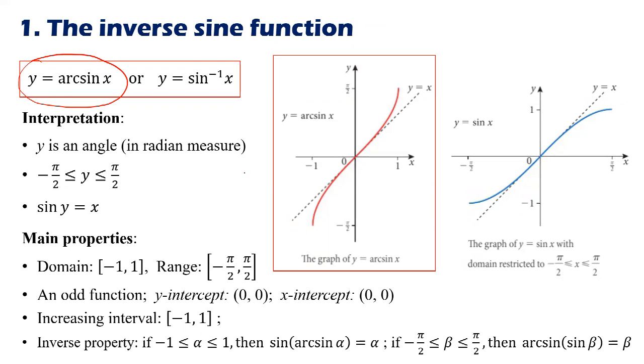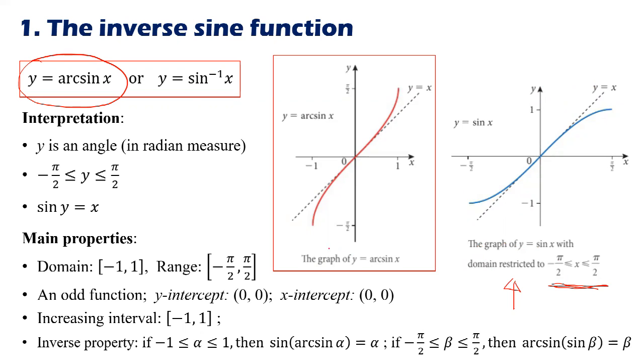Okay, so the inverse sine function is, as I said, just a reverse process of the sine, right? So these two functions will have a line symmetry about the line y equals x. Understand? So if you look at the graph of y equals sine x on the right, in this interval, it will look like this, right?